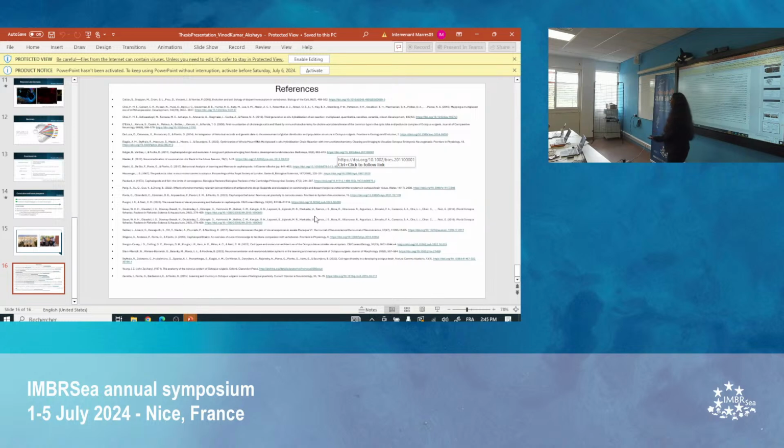So maybe combine this with population studies, because Octopus vulgaris is found throughout the coastal waters, tropical and temperate. So then we could have interesting results in those studies.